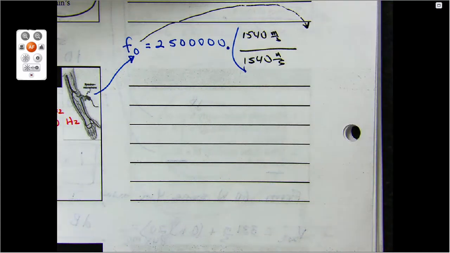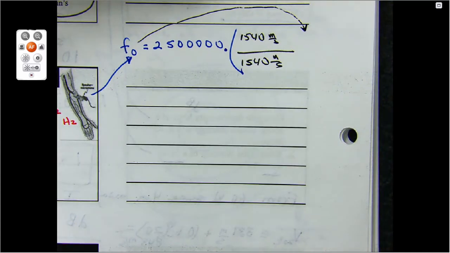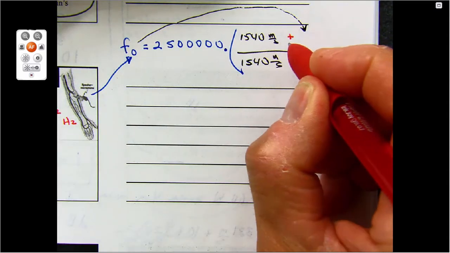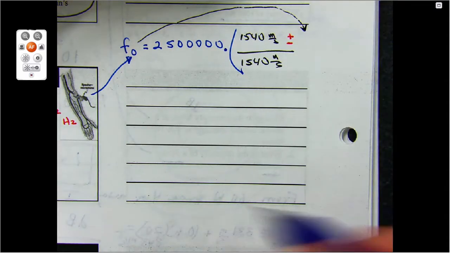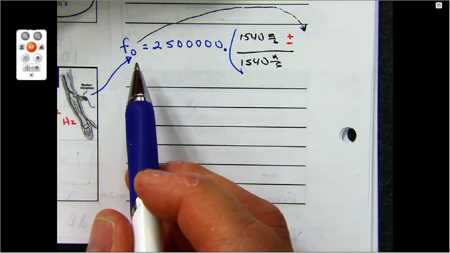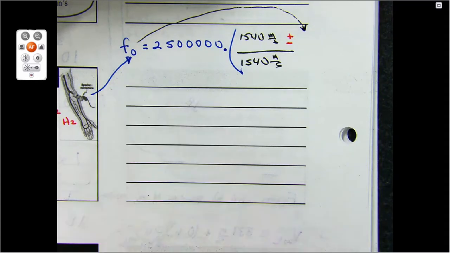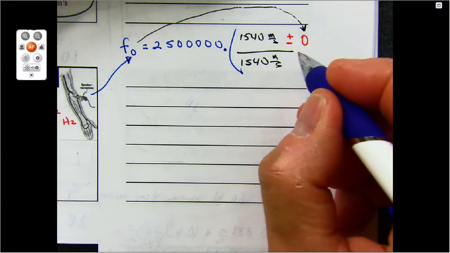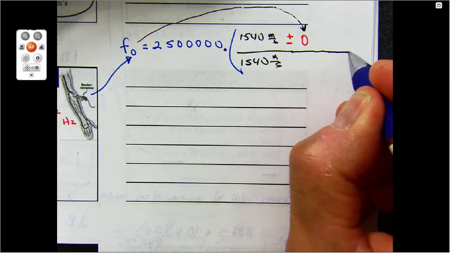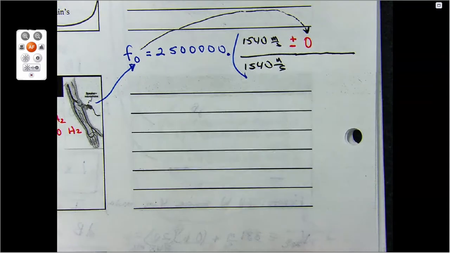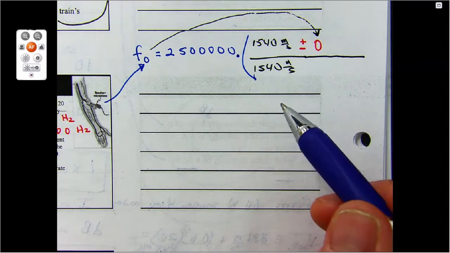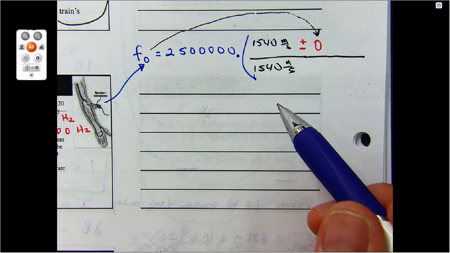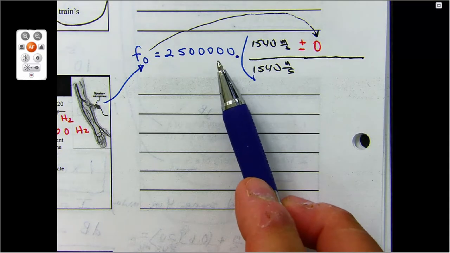Remember, that stays on top. So I'll continue to put in my plus minuses. This is my probe or my microphone. Is that moving? No. So there's where my 0 is. Now, if the blood is moving away, should this frequency go up or down?